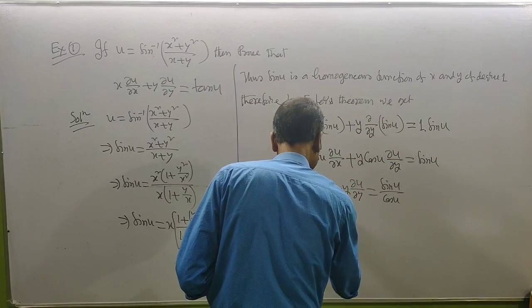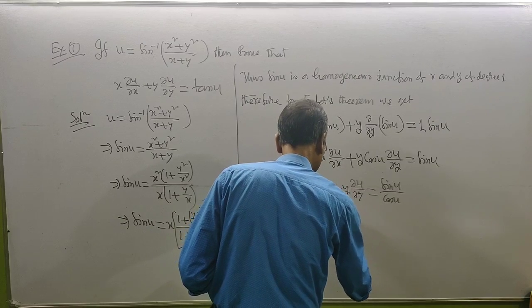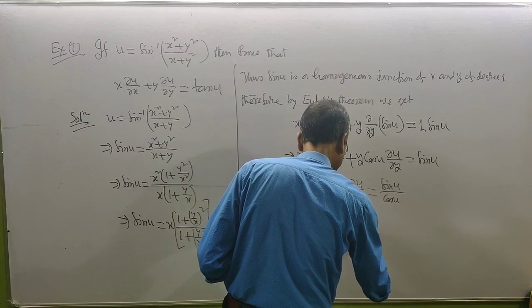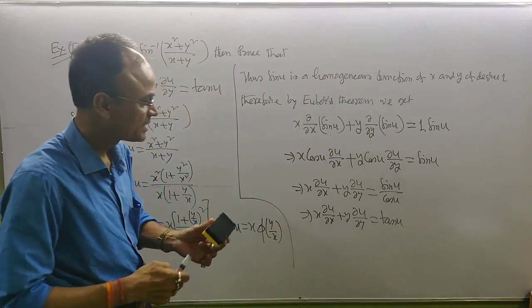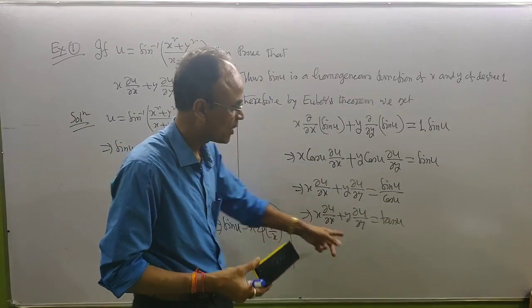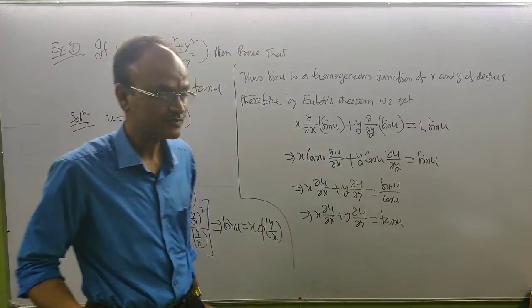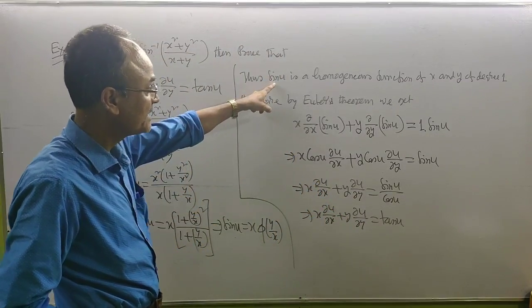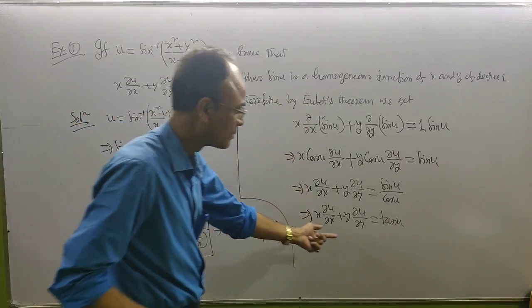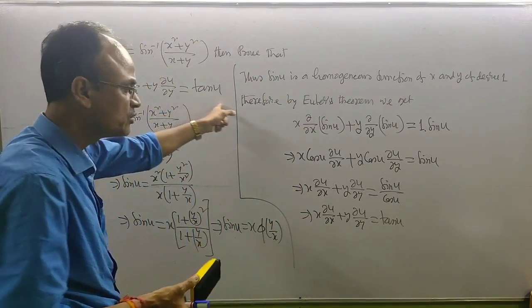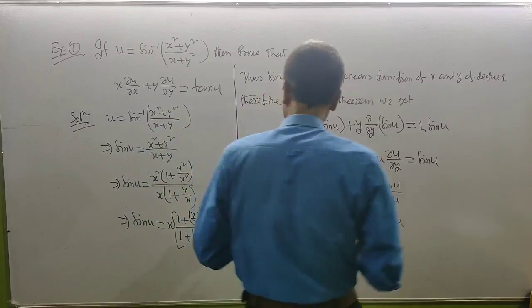This means x del u by del x plus y del u by del y equals tan u. Therefore, we have proved this one.